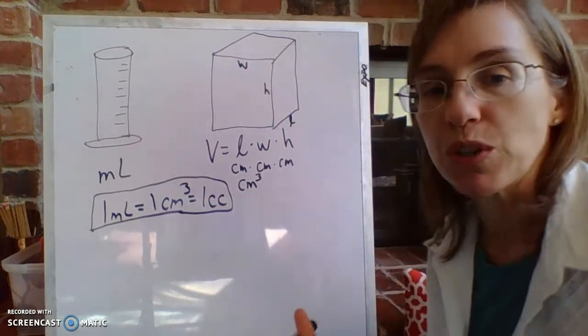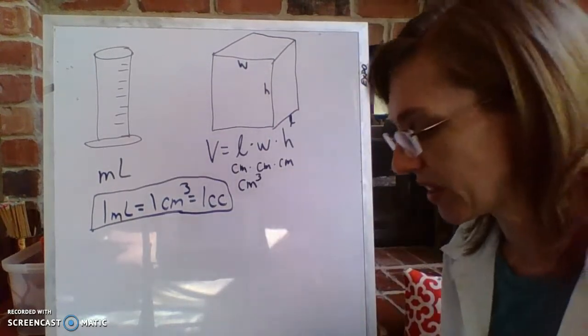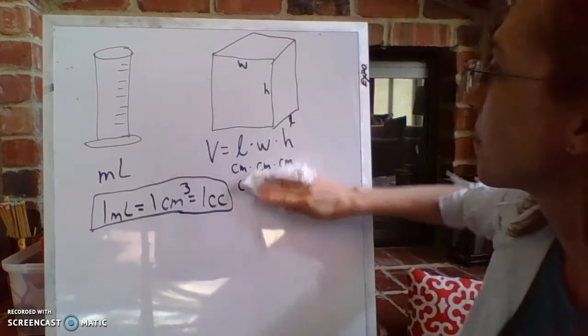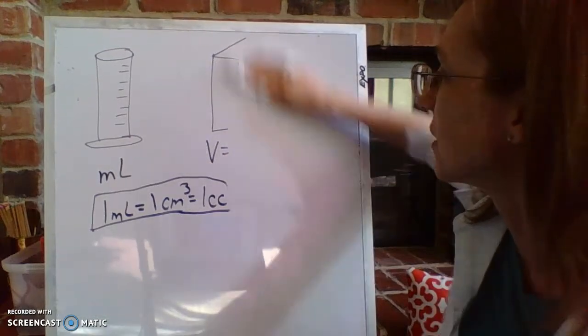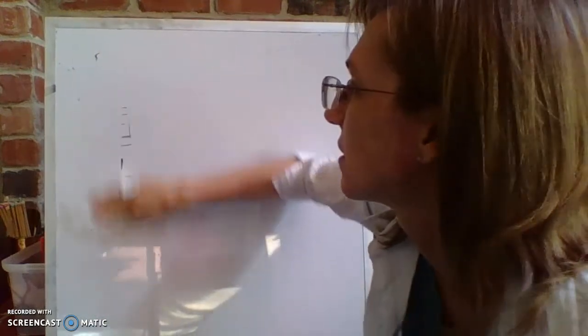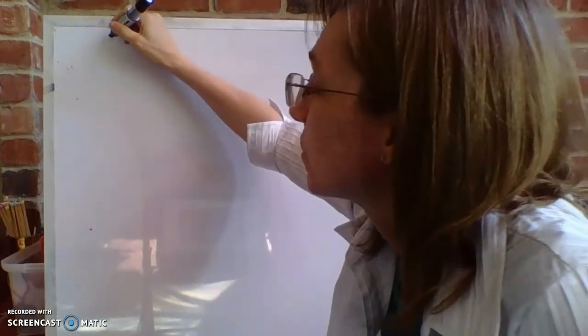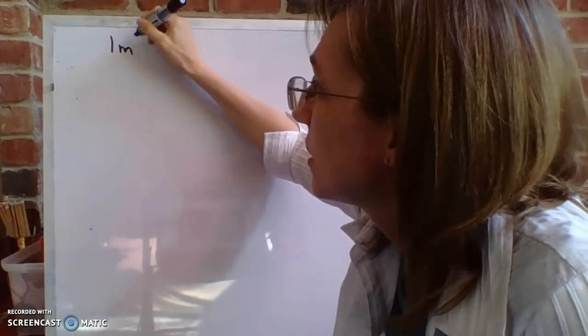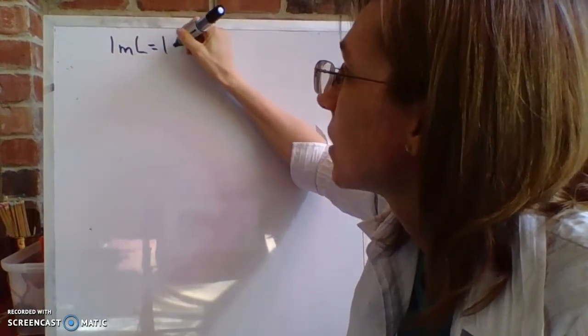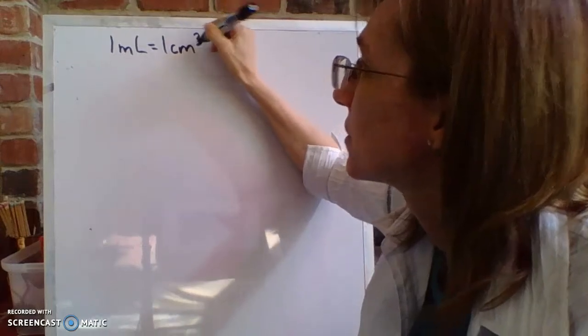Let's do an example so that you get practice on doing these types of conversions. I'm going to erase our figures here. I'm going to rewrite our equality so that we have it to use. 1 milliliter equals 1 centimeter cubed.